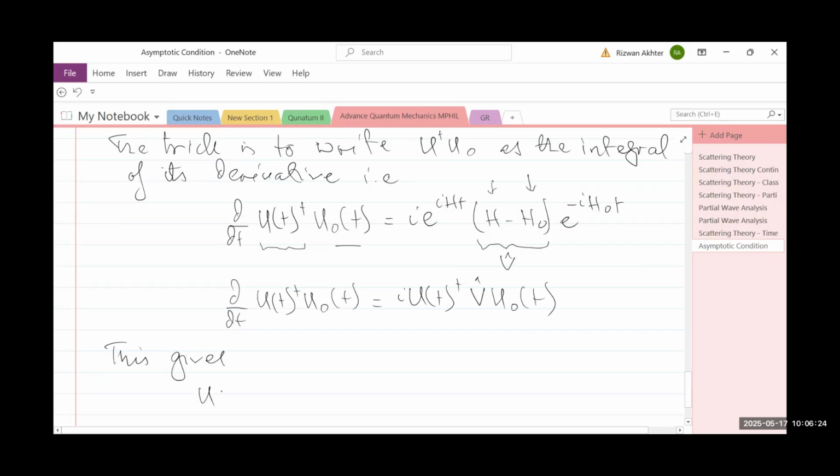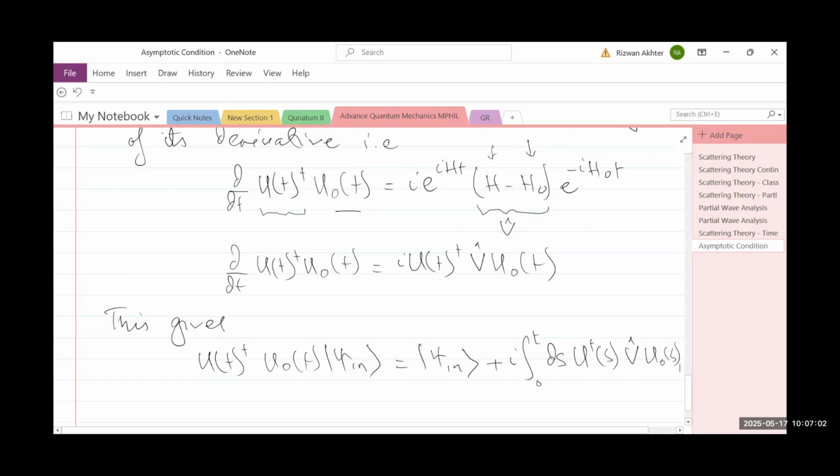So this gives u of t dagger u naught of t acting on psi in equals psi in plus some value, which is iota times the integral from 0 to t of ds u dagger of s, V is the operator, u naught of s, acting on psi in.